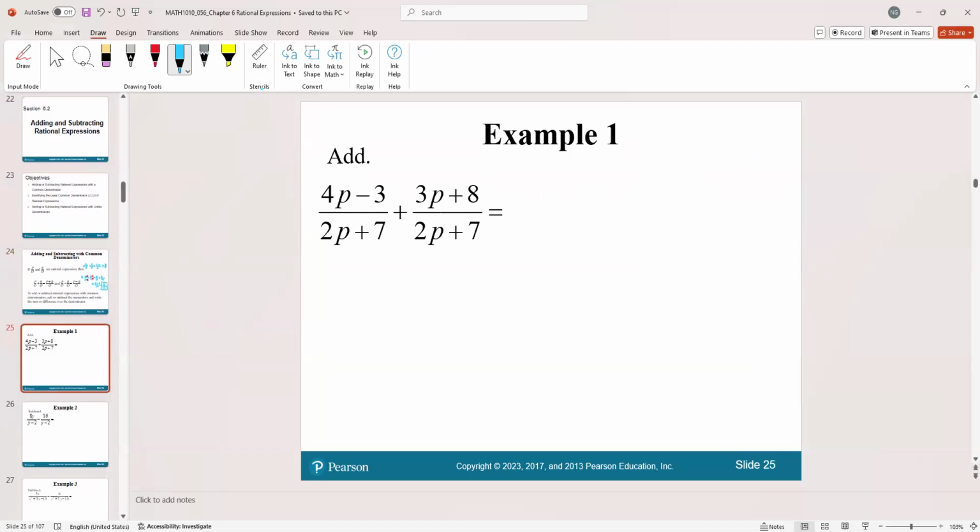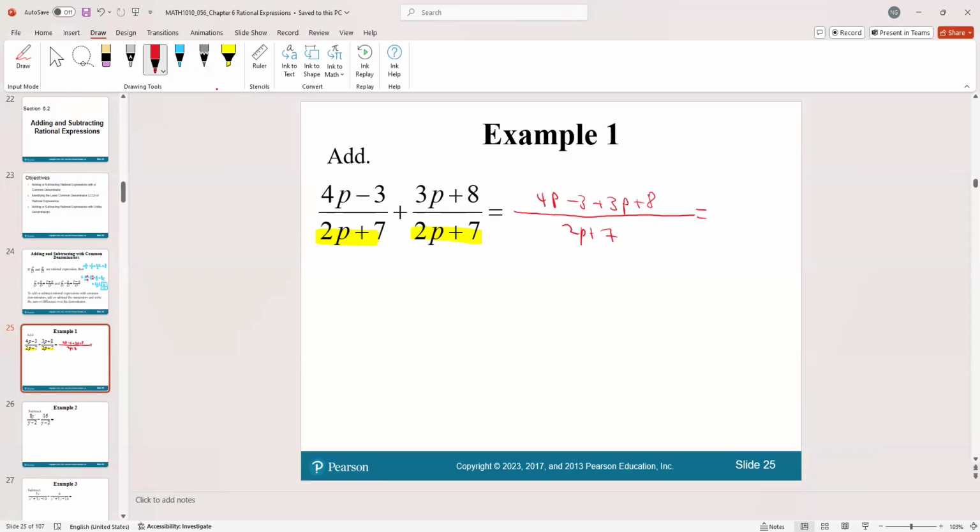For example, here we focus and see that both denominators are 2p plus 7. In this case, we're going to keep our 2p plus 7 in the denominator and add the numerators. So we add them and combine like terms.